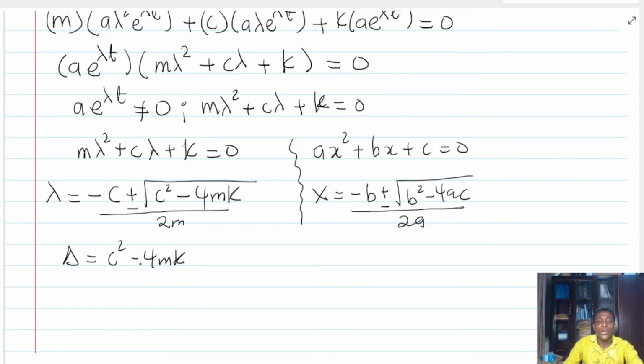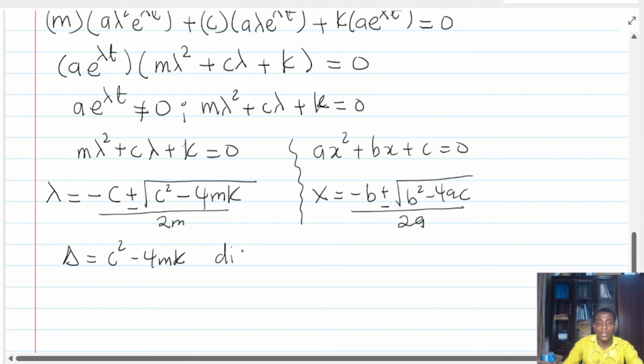You were taught in high school or math class that this is called the discriminant. So this is the discriminant, and this discriminant is actually going to decide the values we will get for the roots.